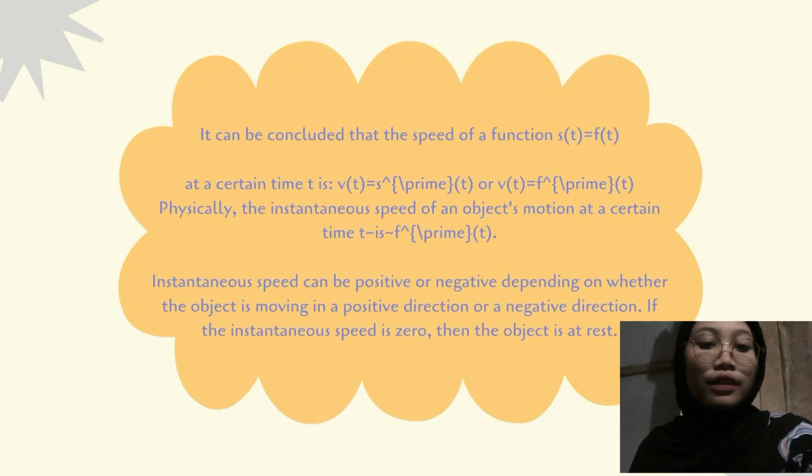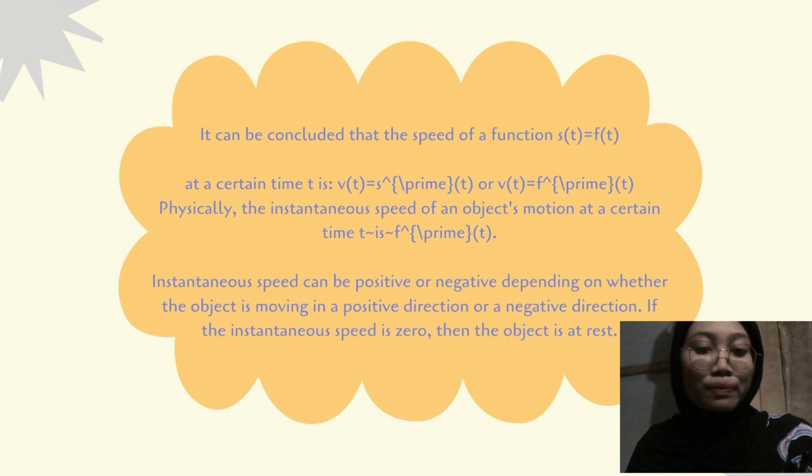It can be concluded that the speed of a function s equals f(t) at the current time is v(t) equals s'(t) or f'(t), and basically the instantaneous speed of an object's motion at the current time t is f'(t).